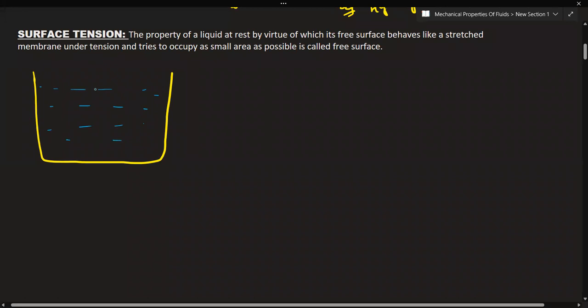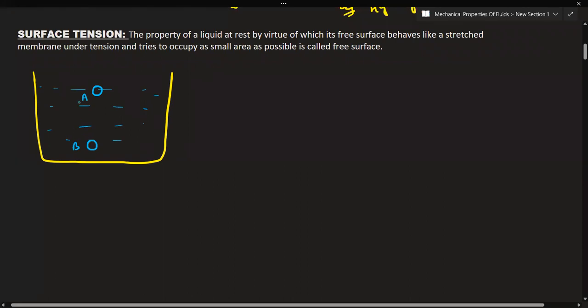So the molecules of the liquid attract each other. Otherwise, the liquid would not have a definite volume. So if the molecules attract each other, what happens is that the water molecule, let's say this is A and this is B. Fine. So these are the two water molecules.